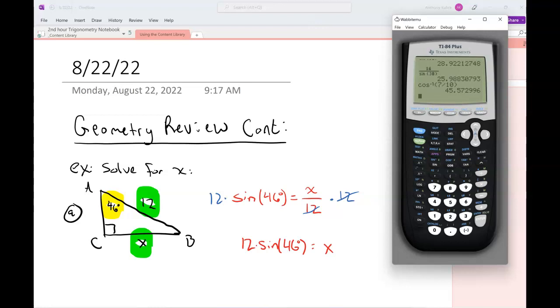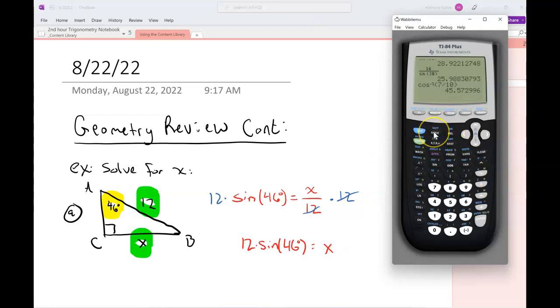Now, I don't know, did you guys talk about radians in your geometry class? No, okay. So we won't see radians in this course until we talk about it. So until that point, there's no question. Everything is in degrees until we start talking about radians, and then we have to be a little bit more careful. Does anybody remember how to change from radians to degrees in your calculator?